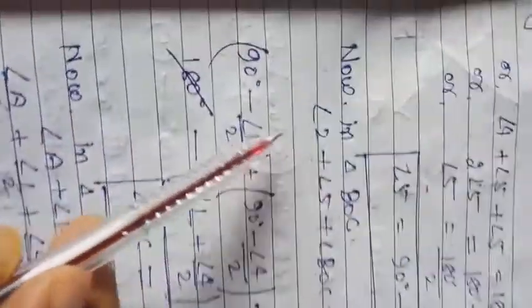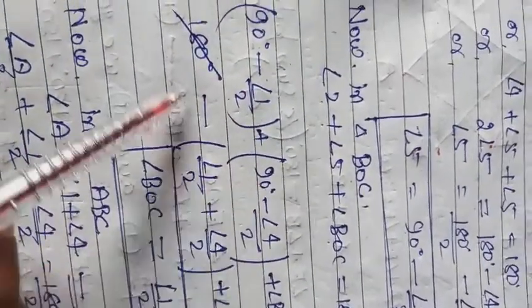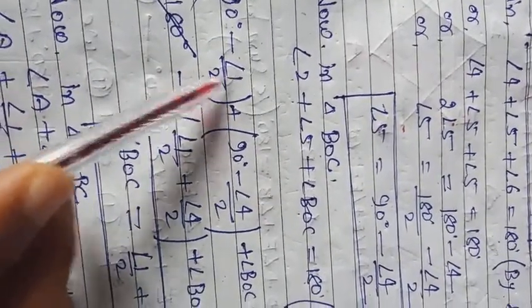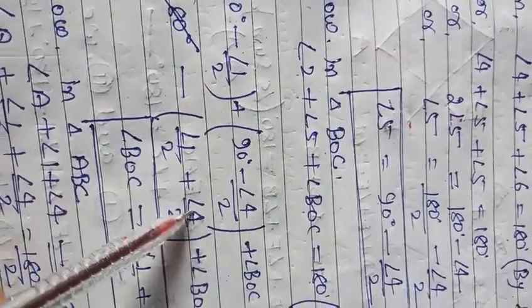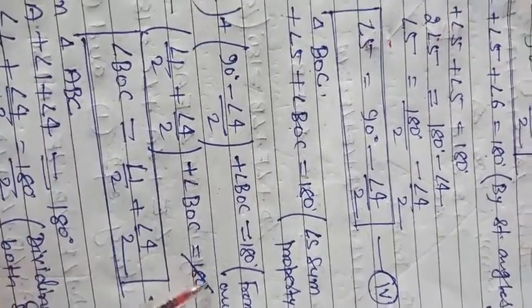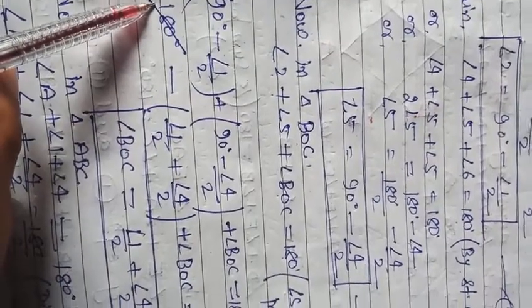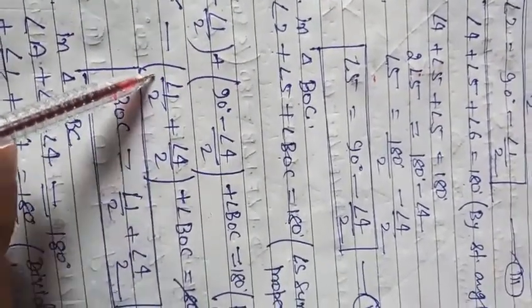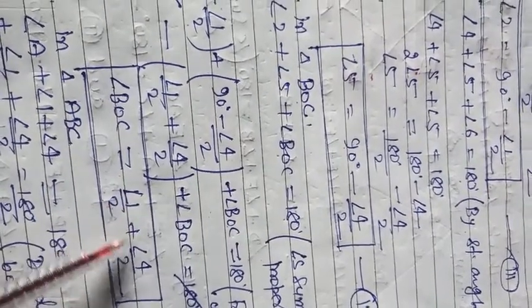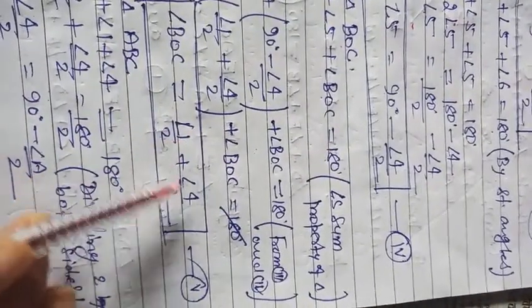Now 90 degree plus 90 degree is equal to 180 degree. Minus is common here, so angle 1 by 2 plus angle 4 by 2 plus angle BOC is equal to 180 degree. 180 and 180 both are cancelled, and side change, then angle BOC is equal to angle 1 by 2 plus angle 4 by 2.